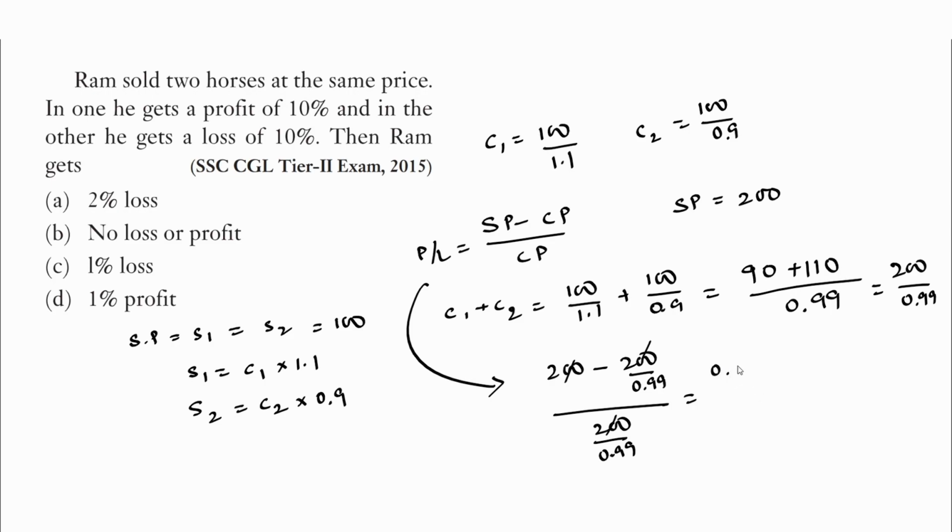That would be 0.99 minus 1 by 0.99 to 1 by 0.99. It is just minus 0.01. That's a loss of 1%. So well, this is the right answer, not this.